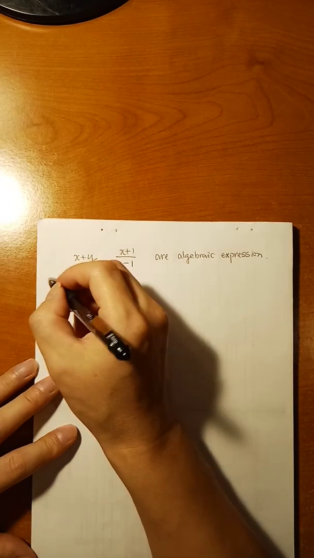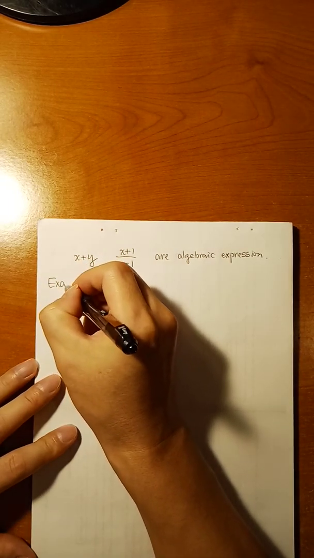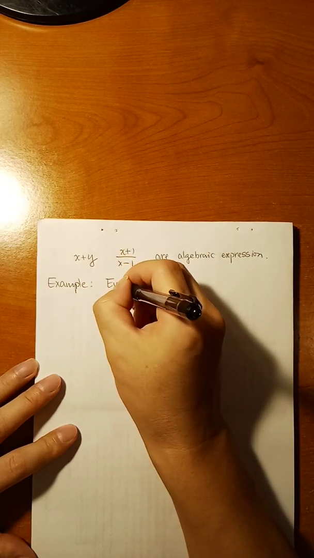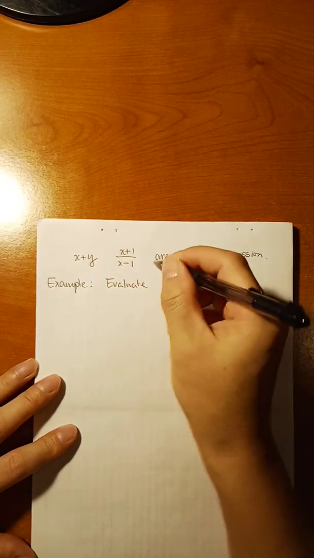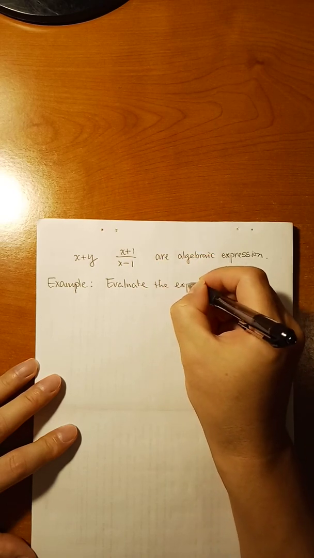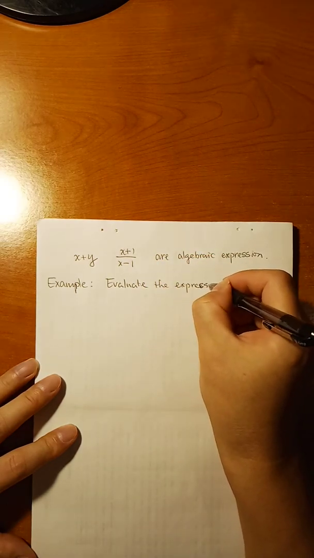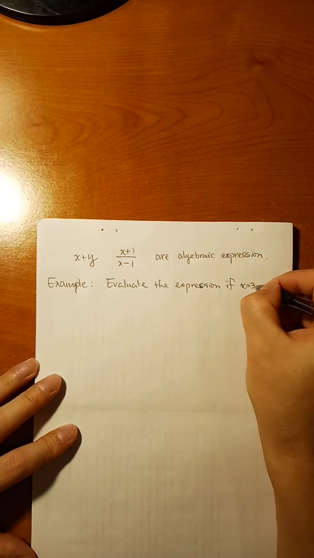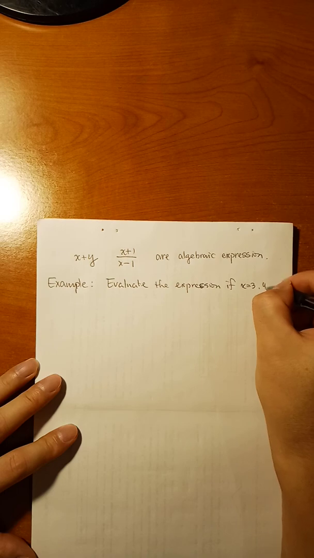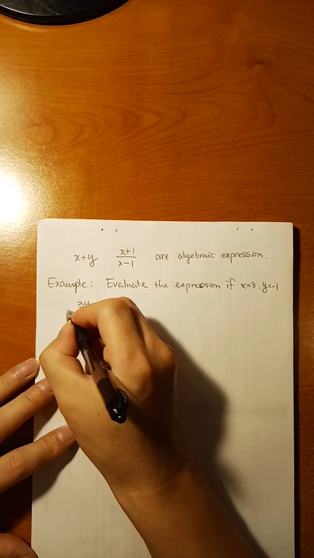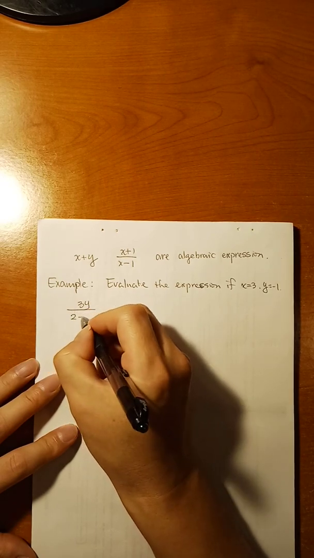So we say that we evaluate, for example, if x is 3 and y is -1. Say we have 3y over 2 minus 2x.